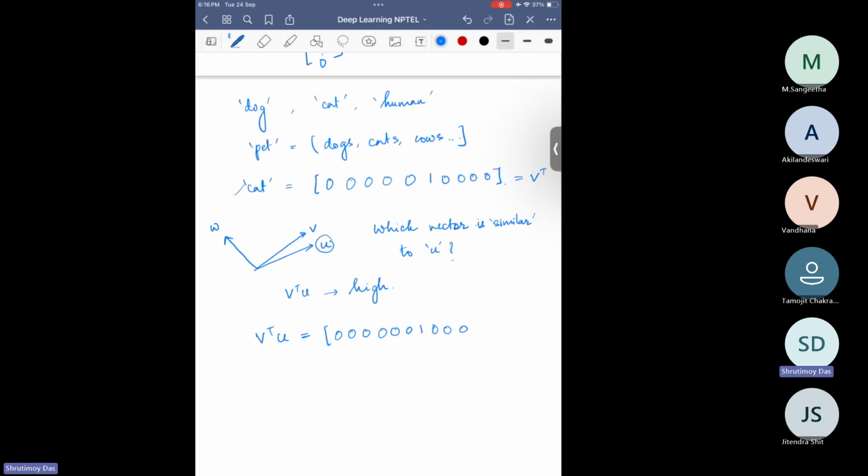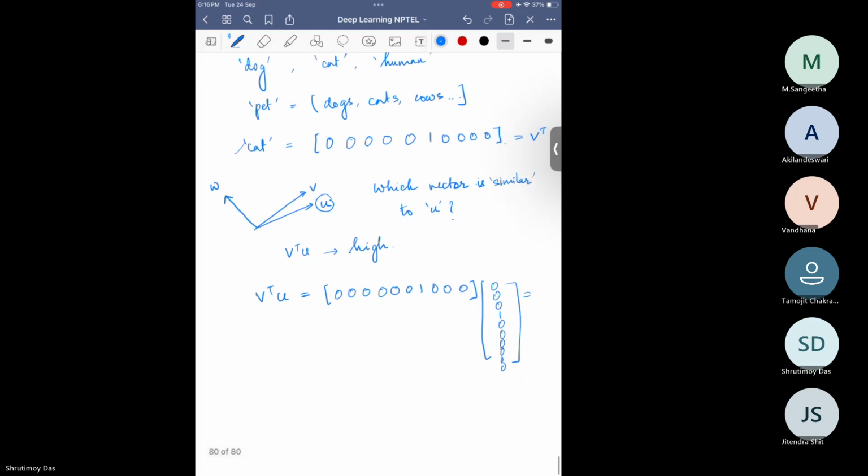I don't know, it should be a 10 dimension vector, I guess. And I have another one here. So what is the result of this dot product? Anyone? So I'm taking the dot product of v transpose u in this case.